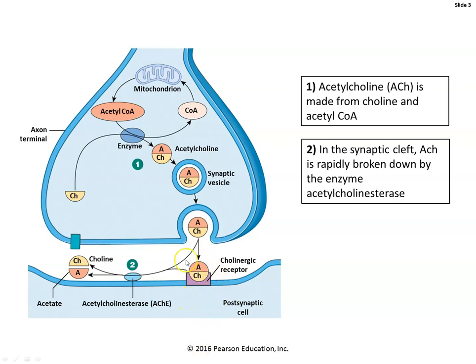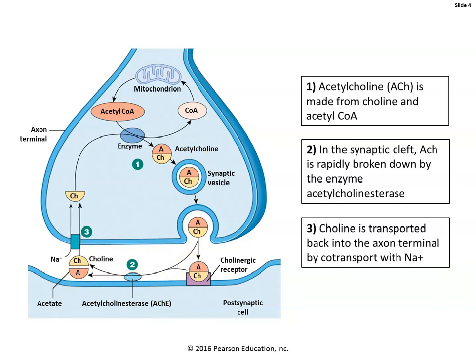Now, if I want to turn off acetylcholine signaling, look, I have an enzyme, and this is a specific enzyme called acetylcholinesterase. Acetylcholinesterase, wave your wand. This is from Harry Potter. Acetylcholinesterase, right? And so you break down acetylcholine into parts, and then now it can no longer bind to the receptor.